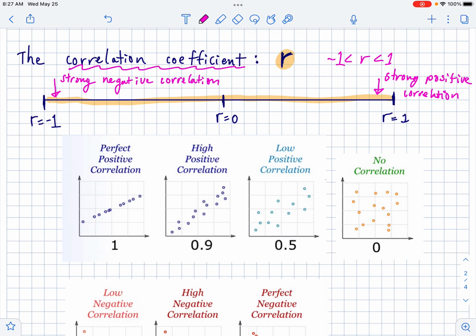Negative would just mean that the points are going downhill, but we'll talk more about that with these pictures here in a second. The closer it is to 0, from either side, this is what we call weak correlation. And at r equals 0, if it's perfectly on 0, this is no correlation whatsoever.